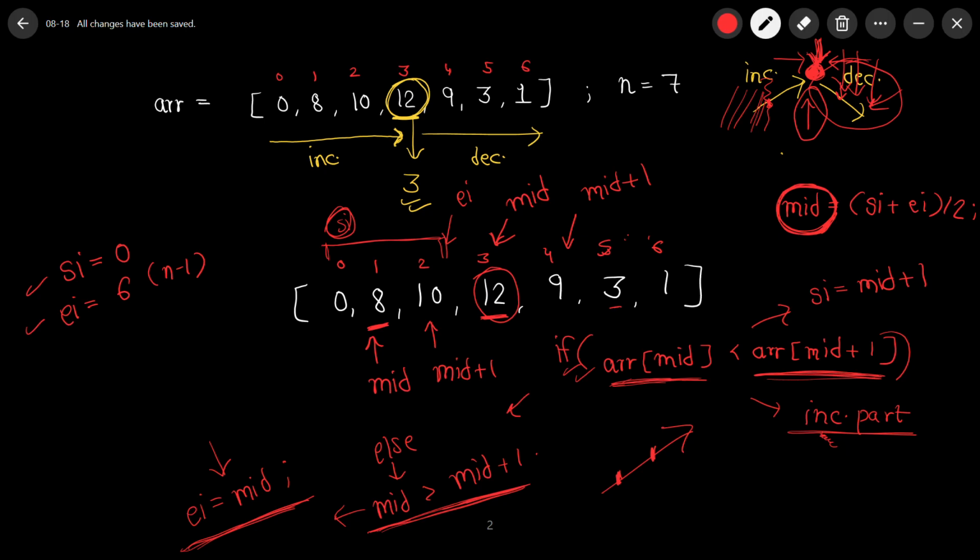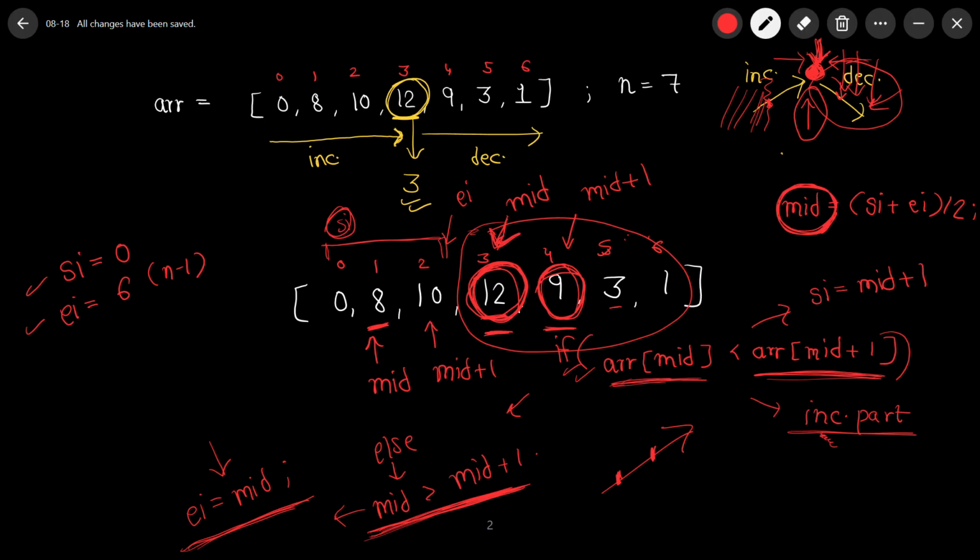So now, any time we arrive at this case, where our mid value is greater than mid plus 1, like in this case also, our mid was this and mid plus 1 was this. So since our mid value is greater than mid plus 1, we would exclude the right part, but let's consider this mid also.